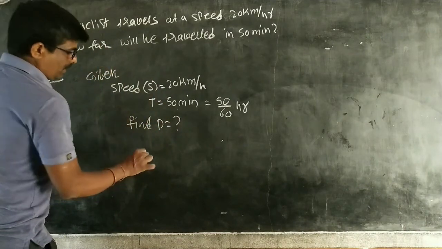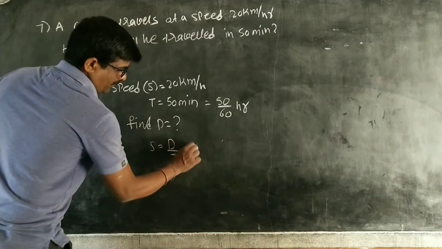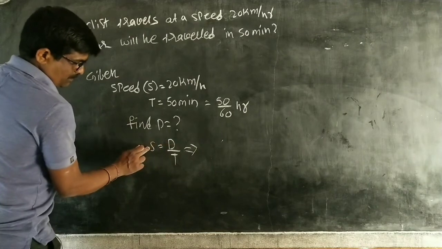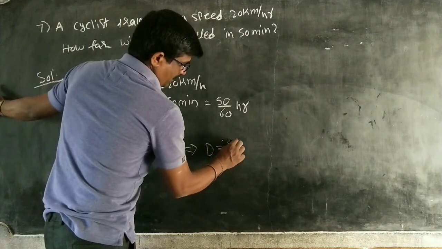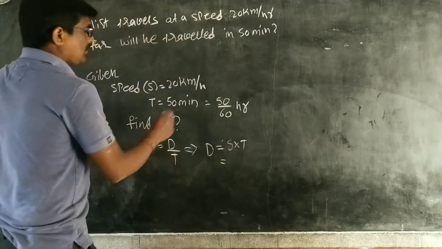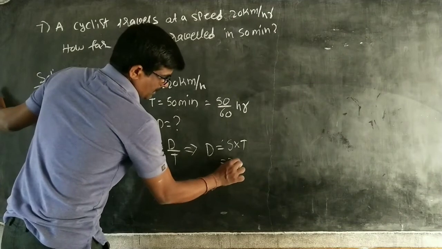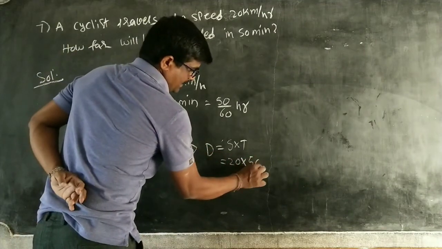What is the main formula? Speed is equal to distance by time, then distance is equal to speed into time. Distance d is equal to speed into time. Speed is 20 kilometers per hour, time is 50 by 60.